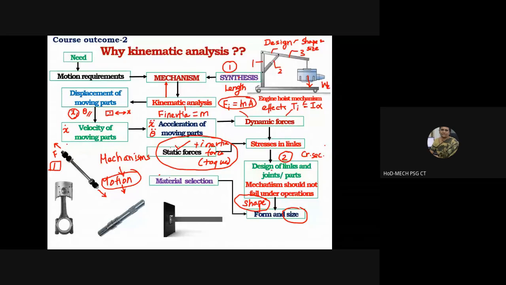So in order to analyze a mechanism, you need to consider dynamic forces. It's not enough if you consider static forces towards the design of the links of the mechanism. So dynamic forces are static forces plus inertia forces, inertia force and torque. Inertia force and torque require a knowledge of what?